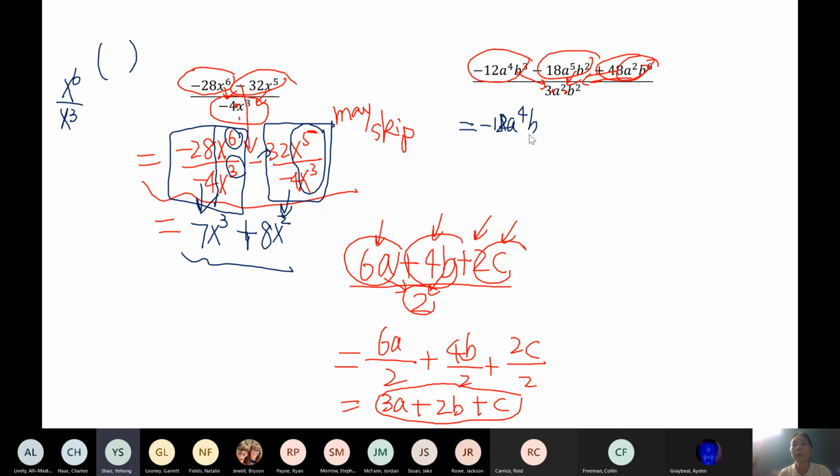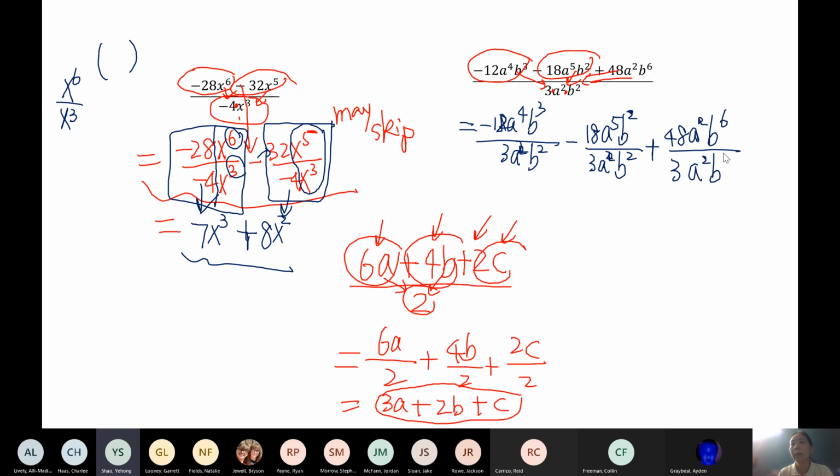Negative 12a to the fourth b cubed divided by 3a squared b squared, minus 18a to the fifth b squared divided by 3a squared b squared, and plus 48a squared b to the sixth divided by 3a squared b squared. Okay, so let's divide them through.